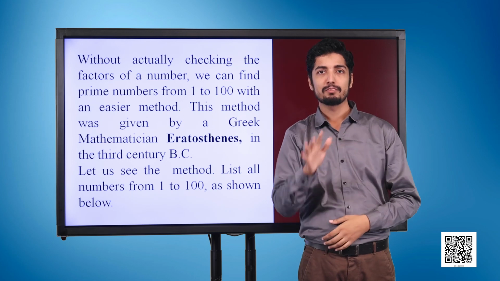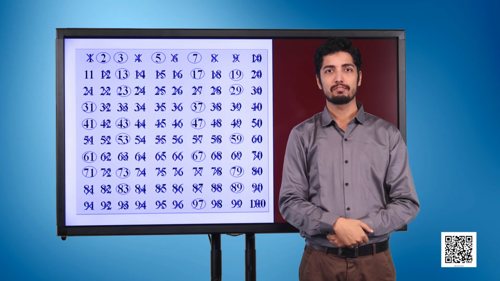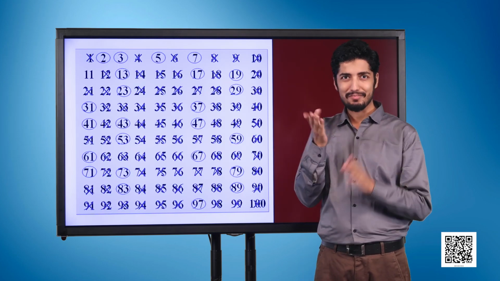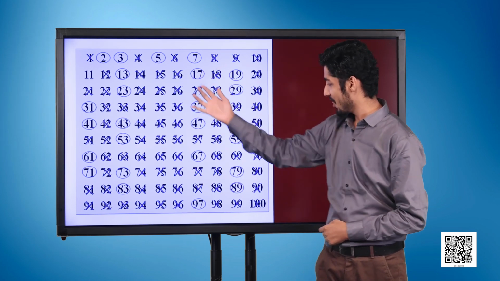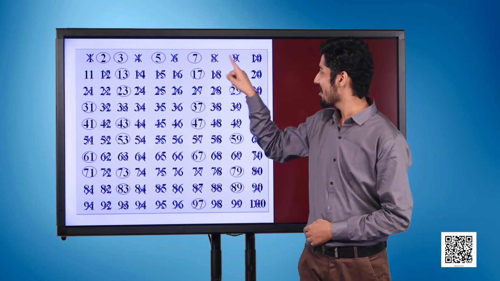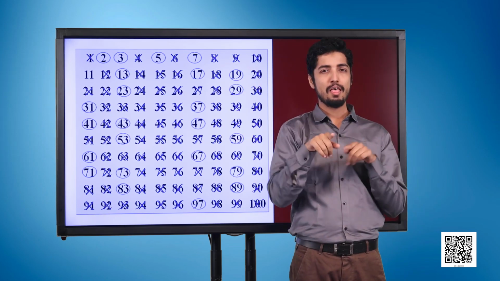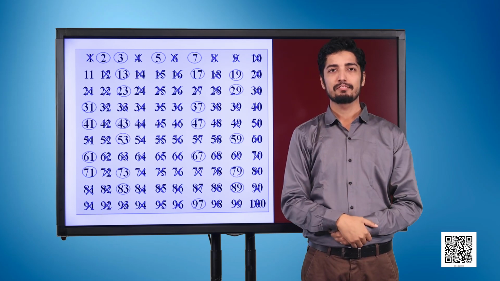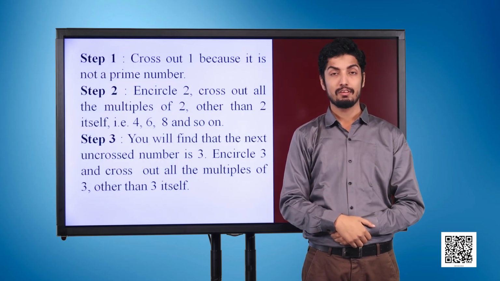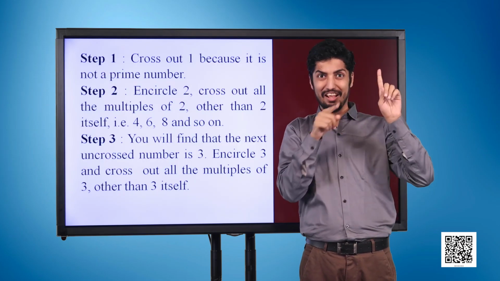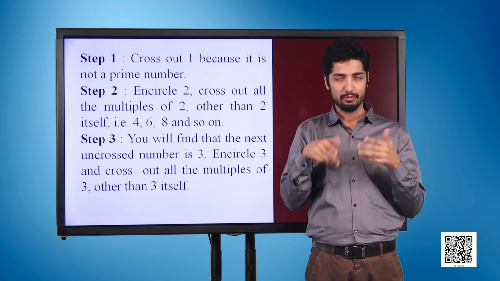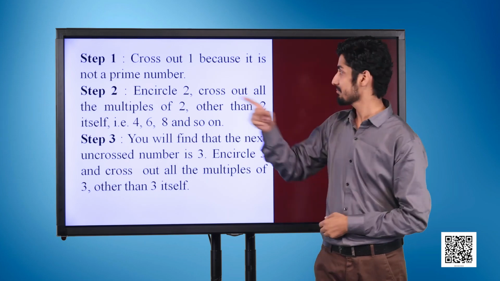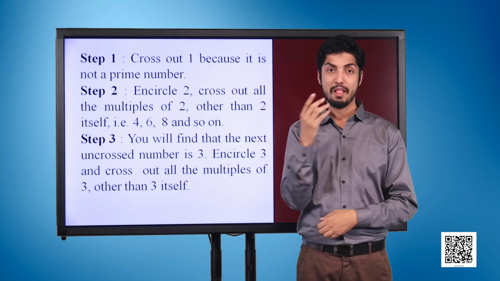Page 52. Let us see the method. List all numbers from 1 to 100 as given here. We have a box here with numbers from 1 to 100 written in 10 rows. Step 1. Cross out 1 because it is not a prime number.